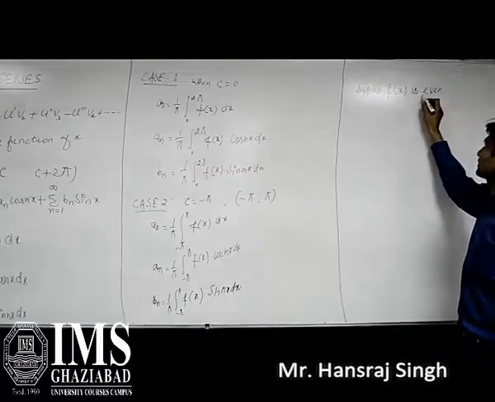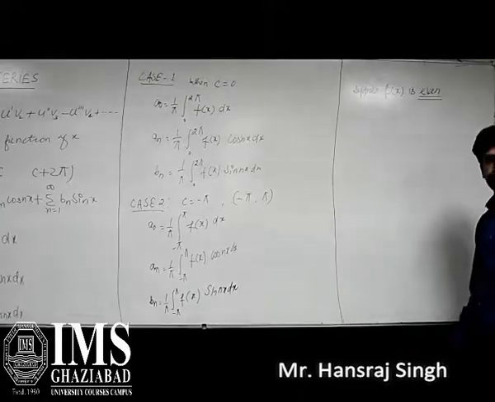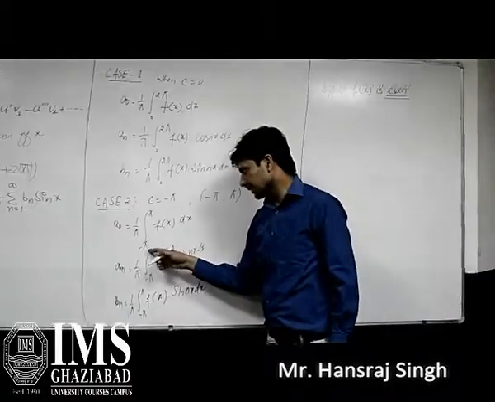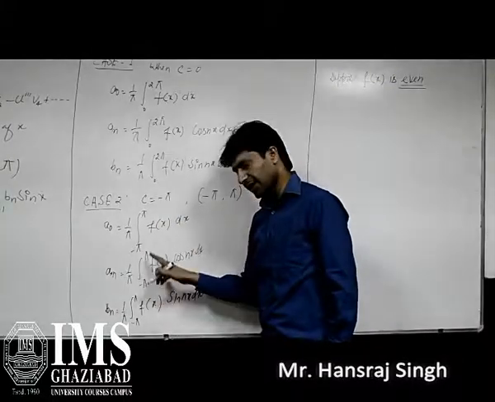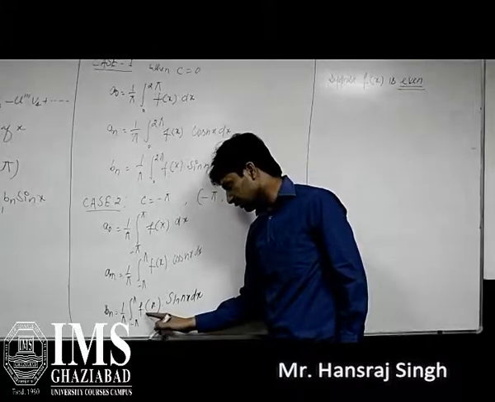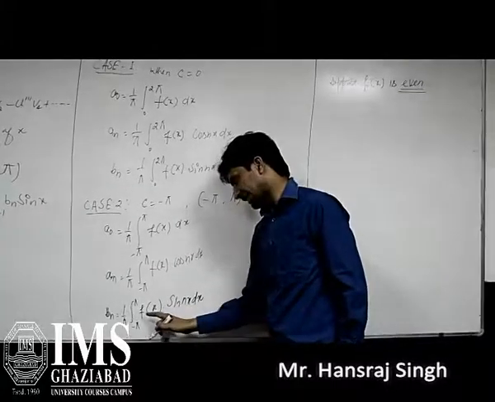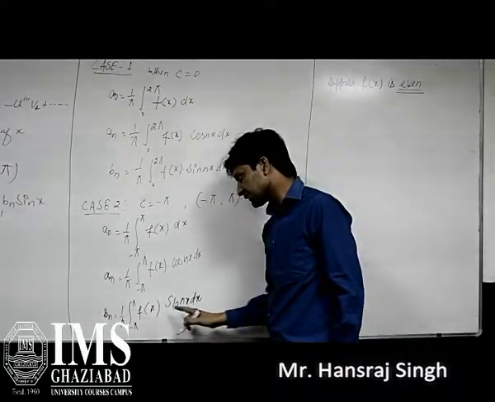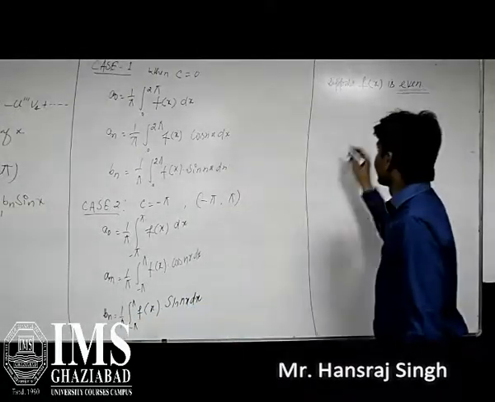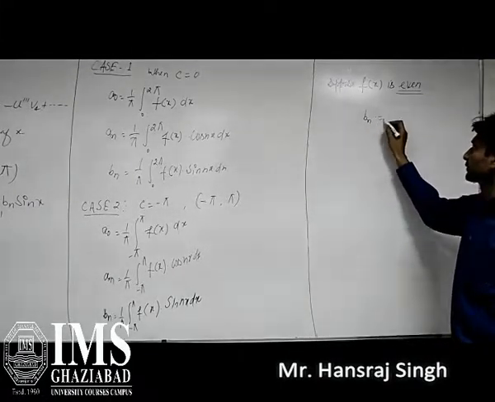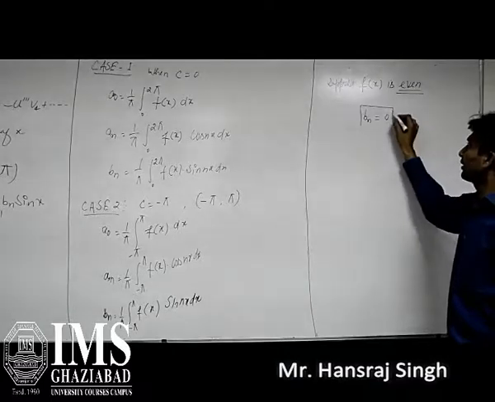In this case, the integrals are from minus pi to plus pi. The first two are even, but the integrand of b n is an even function multiplied by an odd function, so the entire integrand is odd. So in this case, students, b n would be 0. That is, when the function is even, then b n is equal to 0 by the definite integration property.